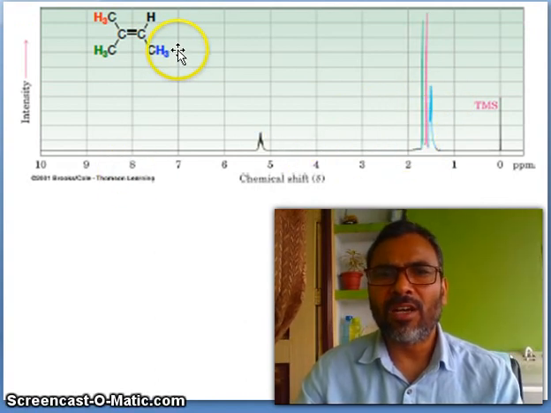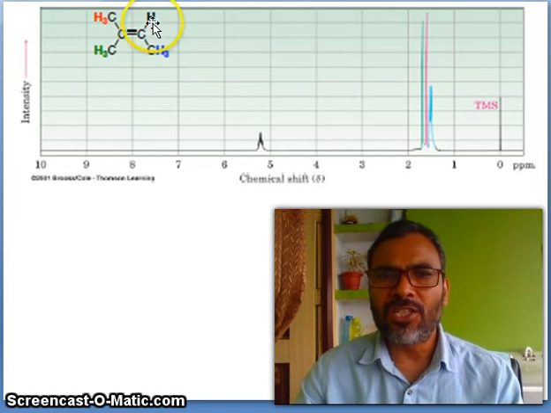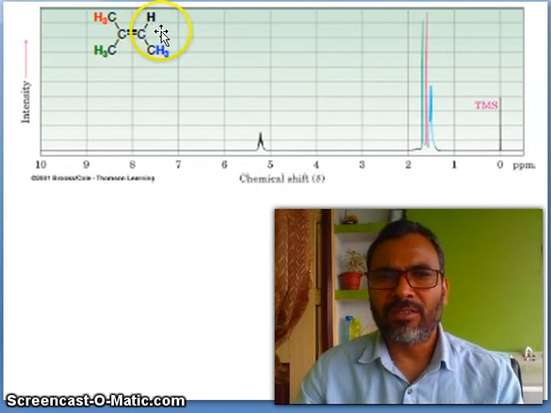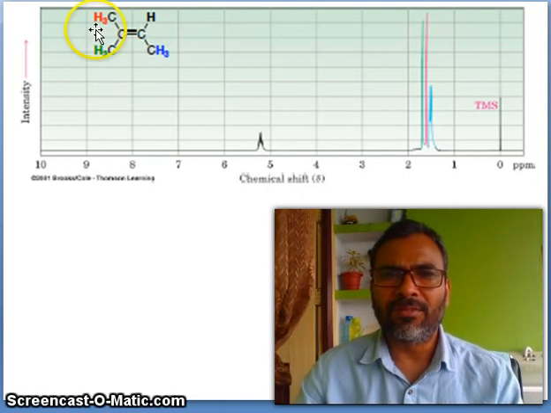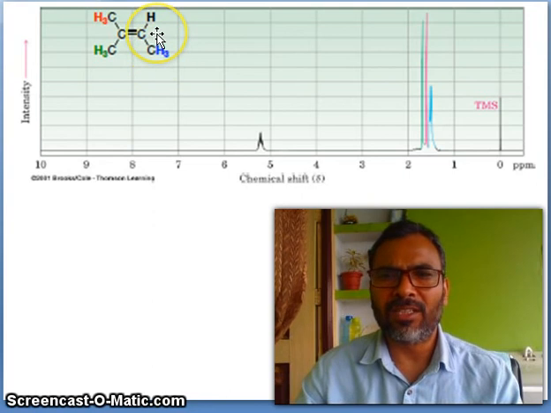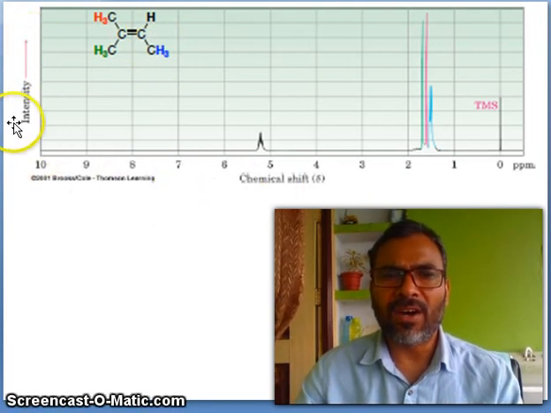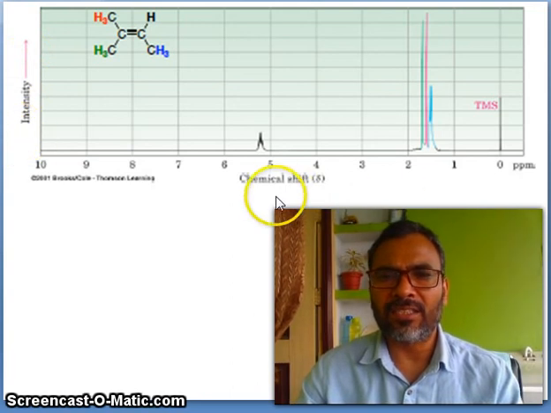Because now you are changing it a little bit, it creates a different environment. Now we have 4 types of protons: the red one, green one, blue one, and black one. This is your x-axis and this is your y-axis. The y-axis indicates intensity and the x-axis indicates chemical shift.